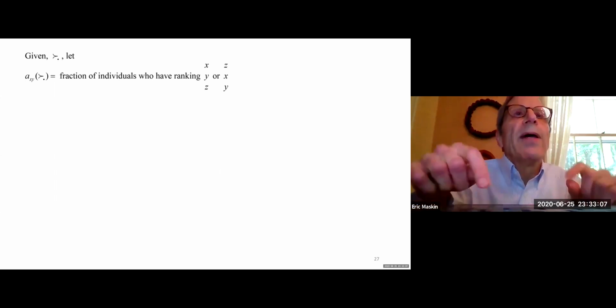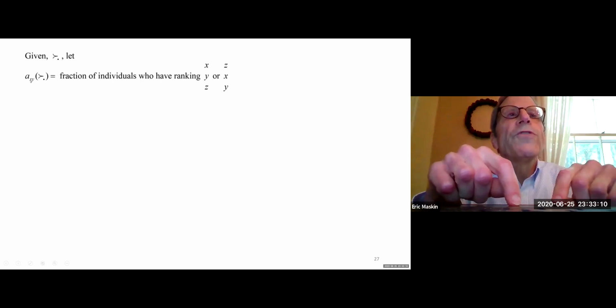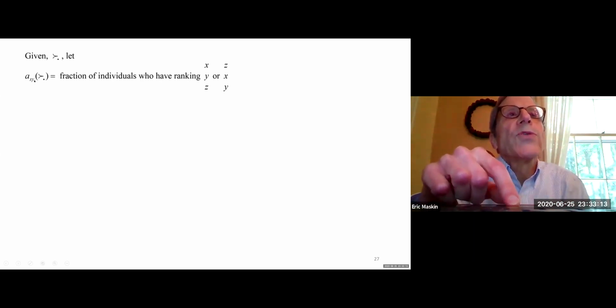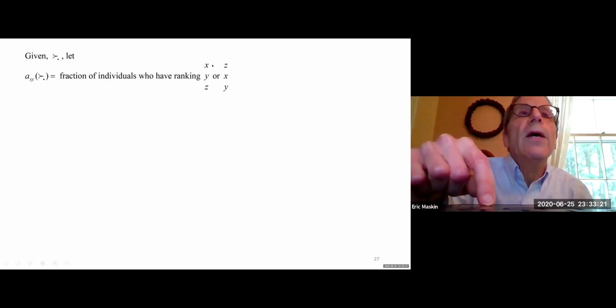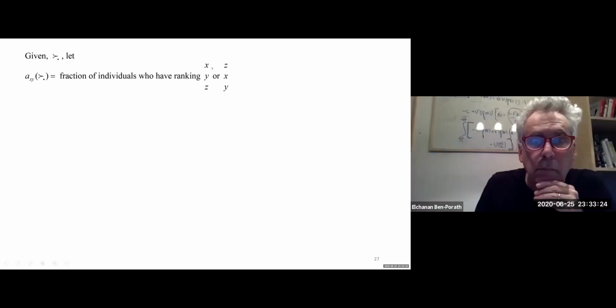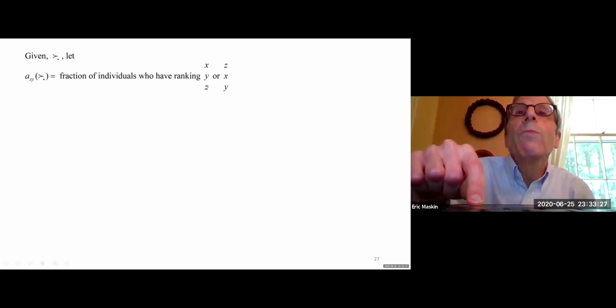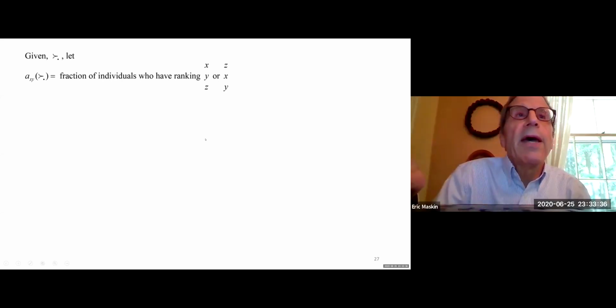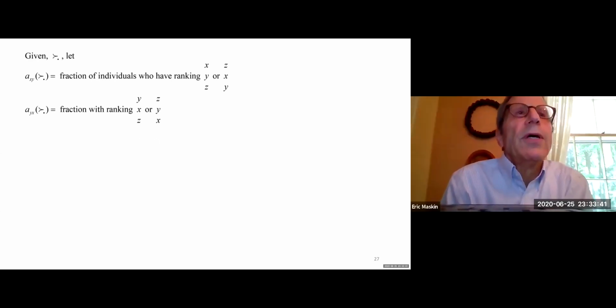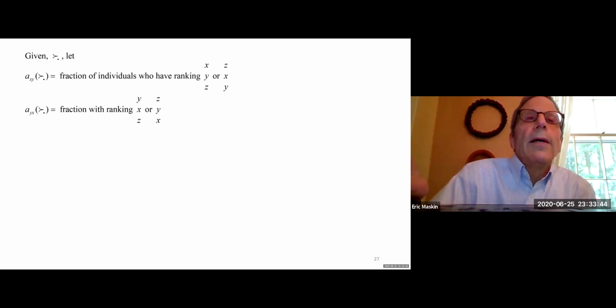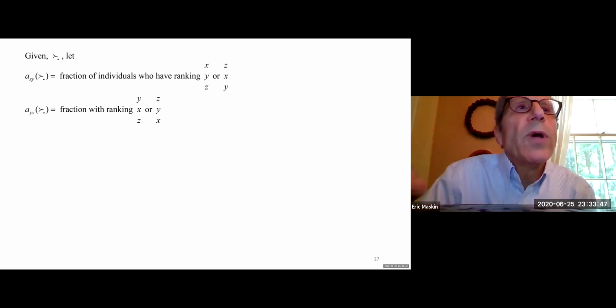And to make the argument, let's first define AXY for a profile to be the fraction of individuals for that profile who rank X above Y and don't put Z in between. So it's the fraction who either have the ranking XYZ or ZXY. And we can similarly define AYX to be those who rank Y above X without Z in between.